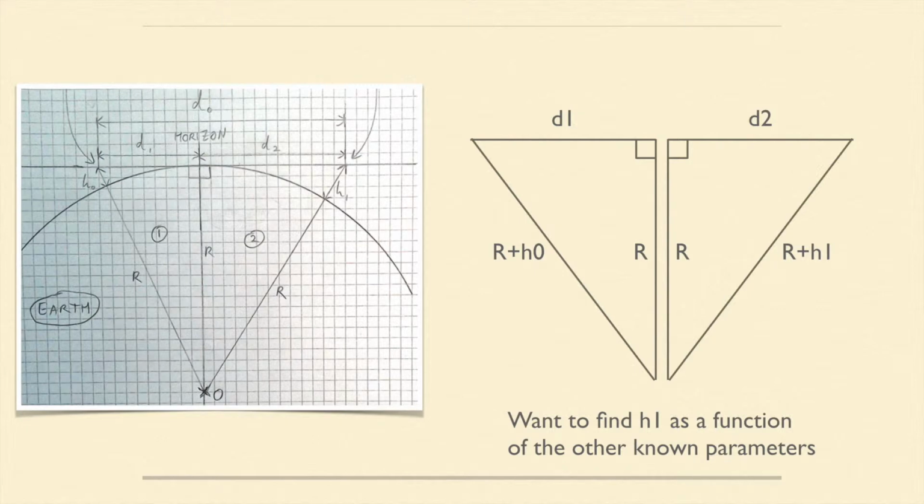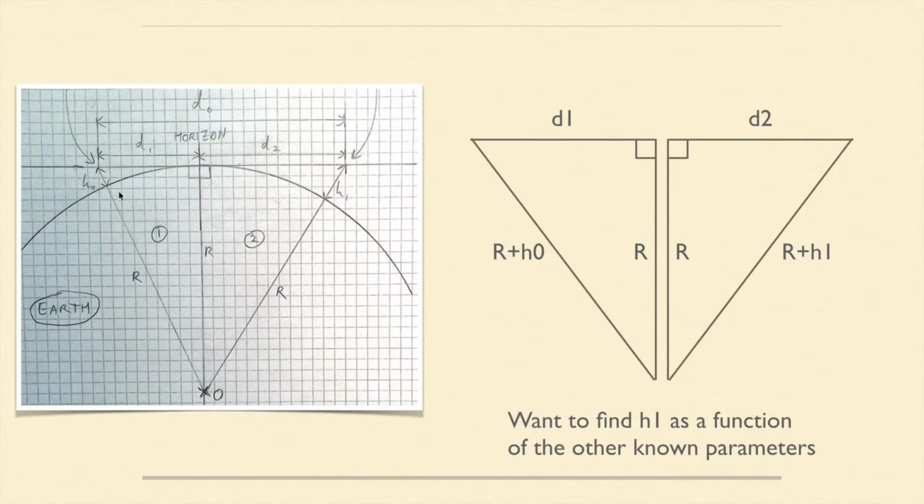Our problem with the target hidden height can be reduced to two right-angled triangles. That means that we can use Pythagoras to calculate our problem. So here you see the first triangle is this triangle here. One side here is r, the Earth radius.